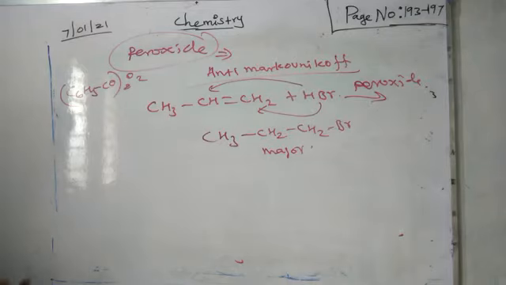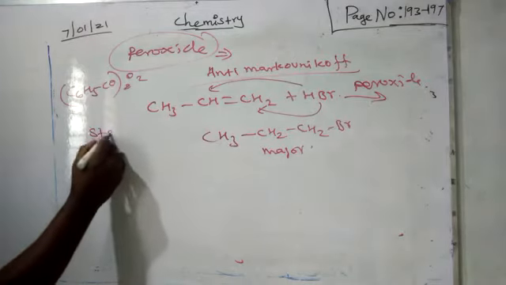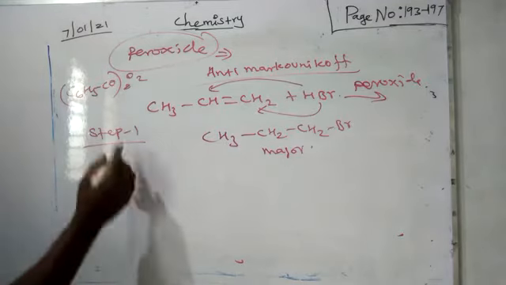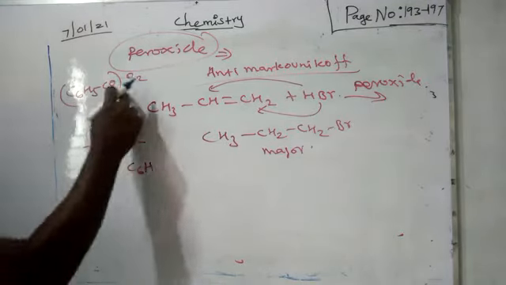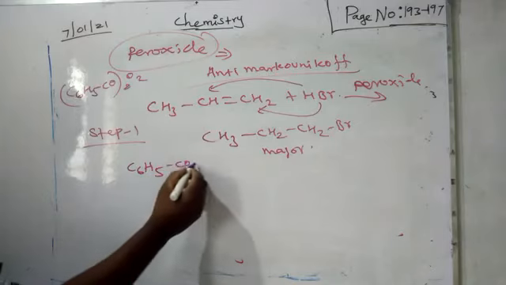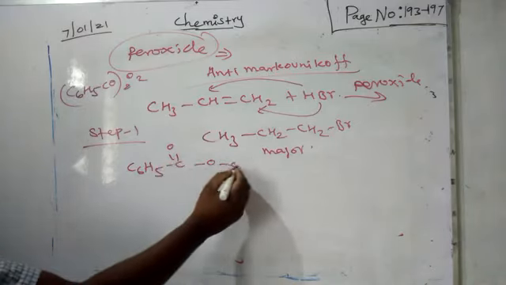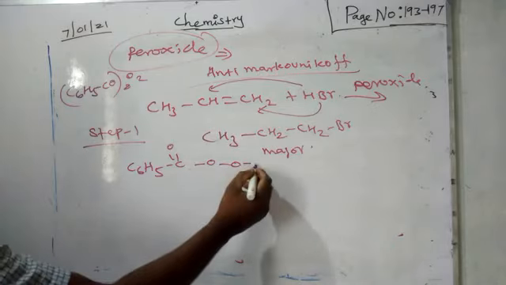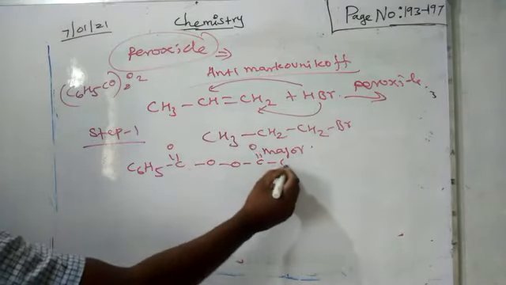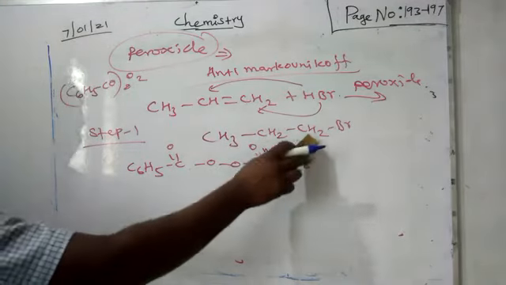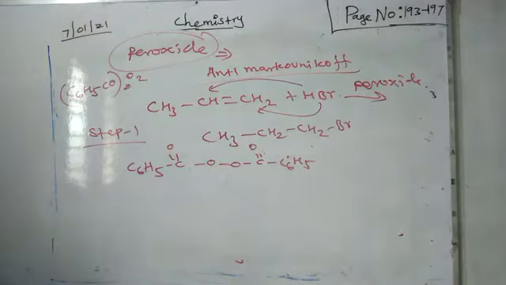First step, what will happen? Step 1. The first step, the benzoyl peroxide, C6H5CO, we can write like this: O, C double bond O, C6H5. This is the molecular formula for benzoyl peroxide.